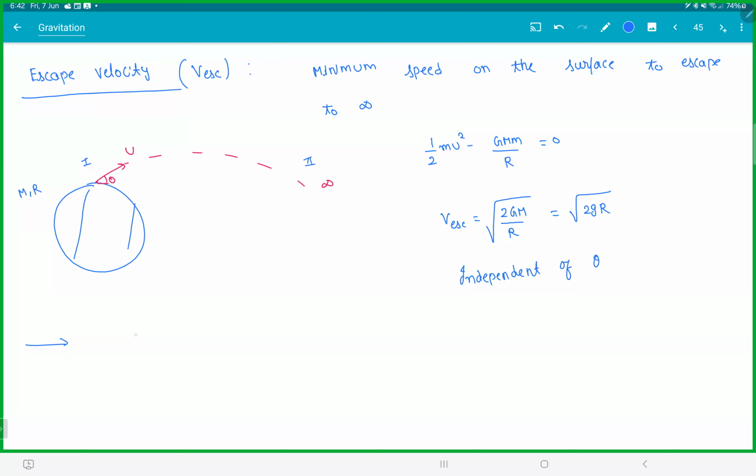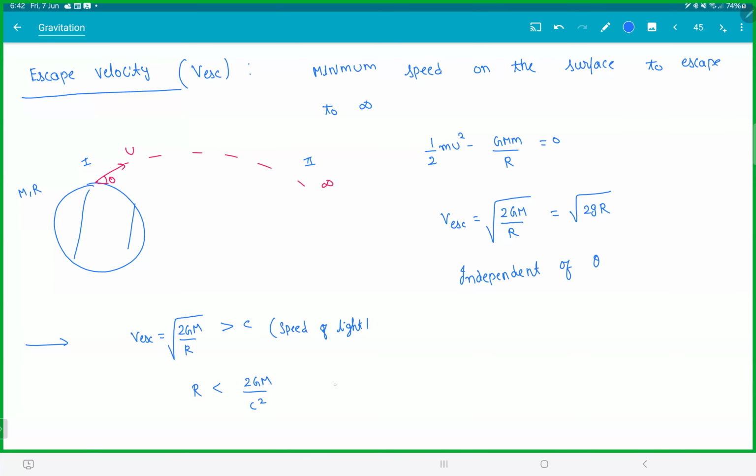Now this escape velocity, root 2GM by r, this is technically not right, but it kind of works. If this is greater than the speed of light, it means that in order to escape this planet, you need to go faster than the speed of light. But we know nothing can go faster than the speed of light. Therefore, r must be less than 2GM by c square.